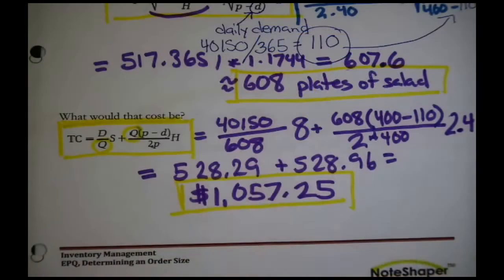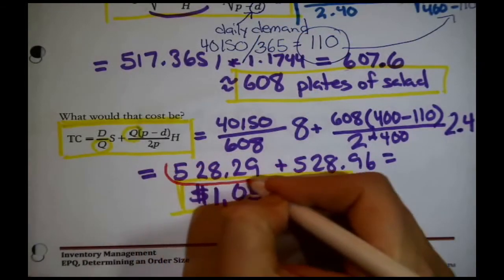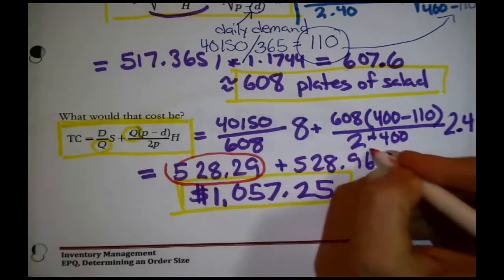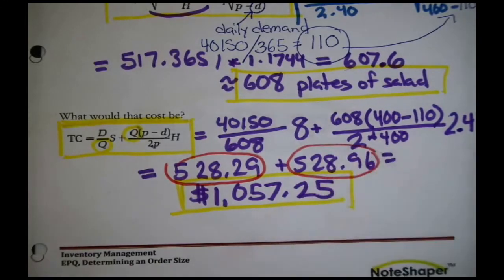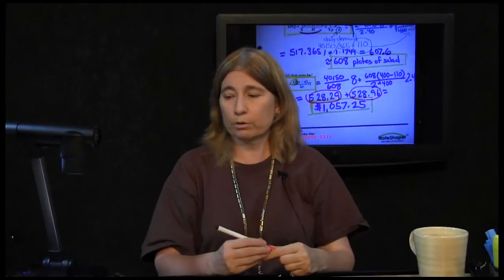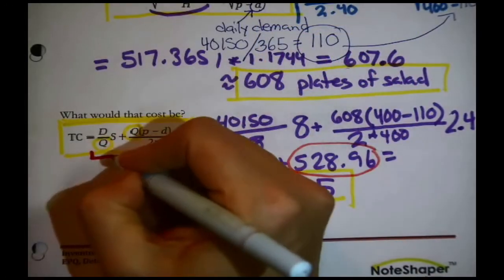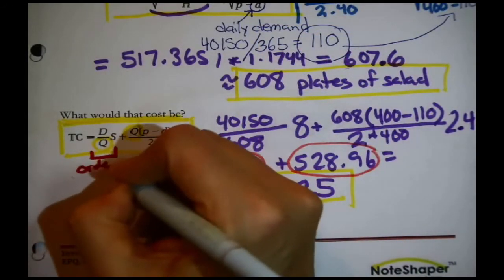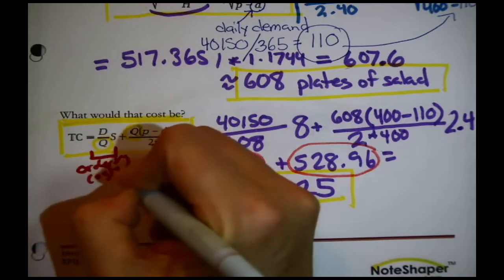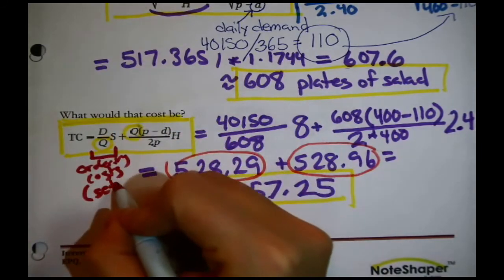Oh, and you notice that they didn't come out exactly the same, but do you see how these two numbers here came out pretty similar when we were filling out the formula? Oh, right, because that total cost formula, if you're looking at it, this is the ordering costs, which also in our case we might call the setup costs.